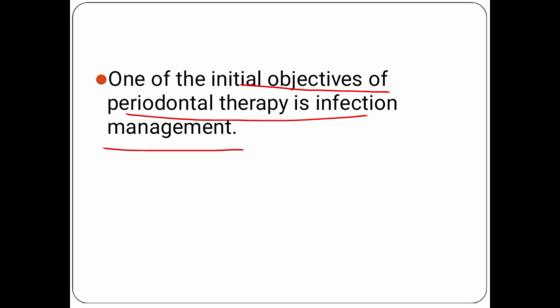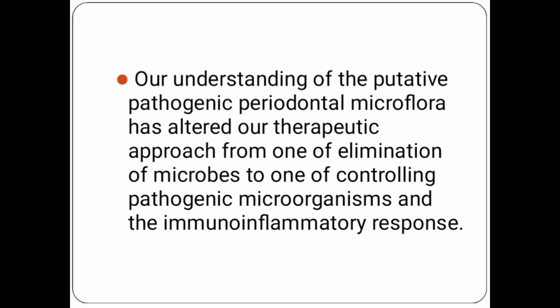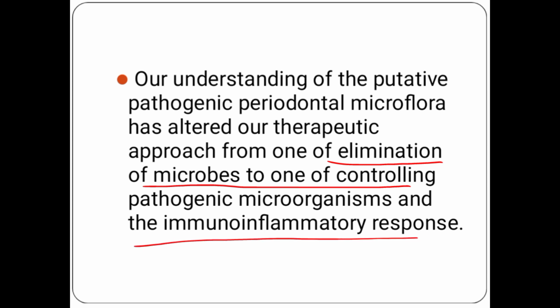If we do the graft procedure and we have not controlled the infection, that graft will result in failure. So first of all, we have to eliminate the microbes by controlling either the pathogenic microorganisms or the immunoinflammatory response.